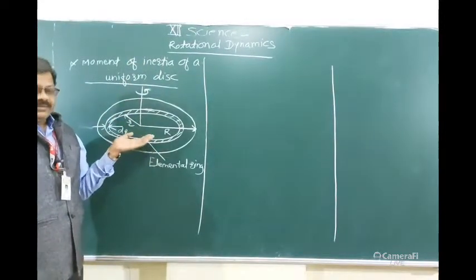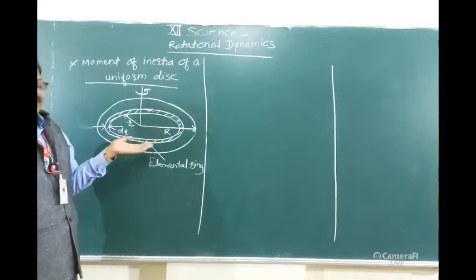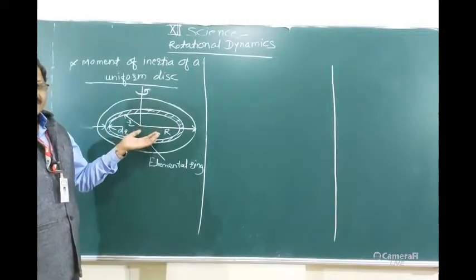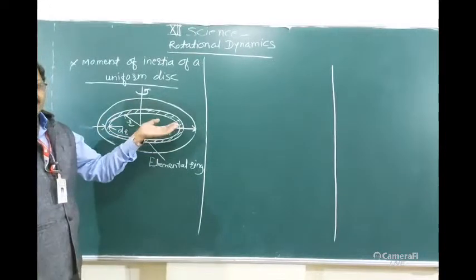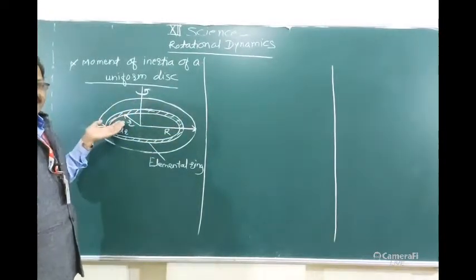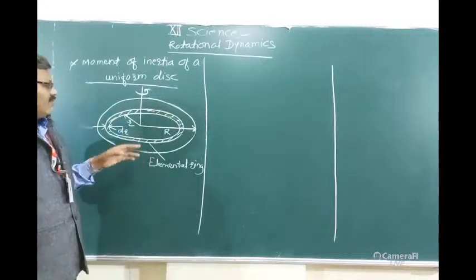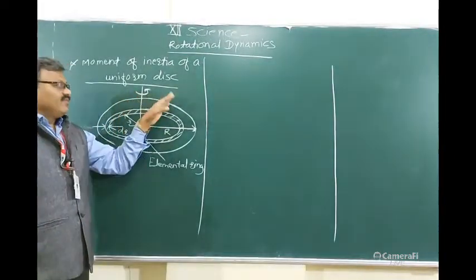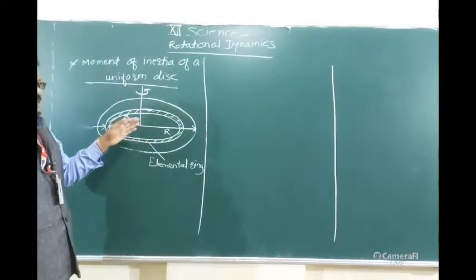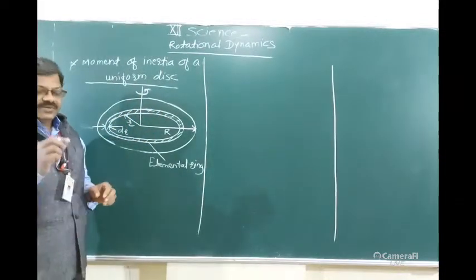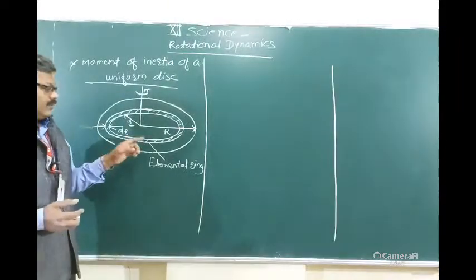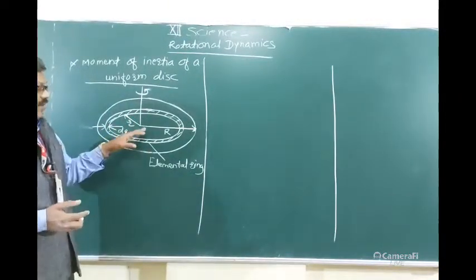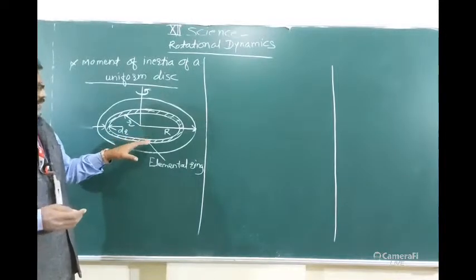We can call this disk a uniform disk when the surface density is the same throughout the body. This uniform disk is a two-dimensional object of negligible thickness.